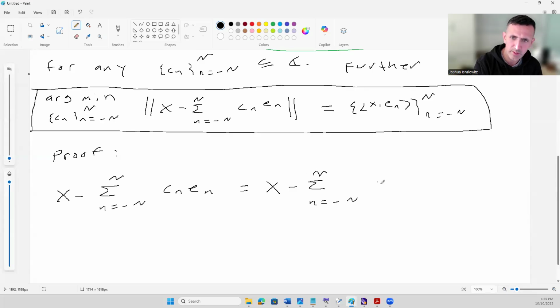In theory it could be the actual Fourier series because it is possible that X is in the finite span of these e_n's, but it doesn't have to be. If I subtract it, I have to add it, so it would be the coefficients minus c_n.